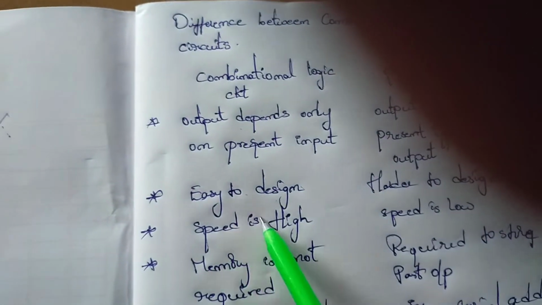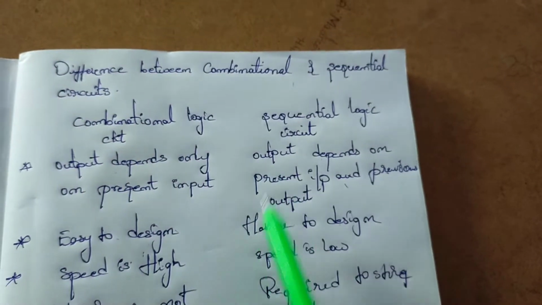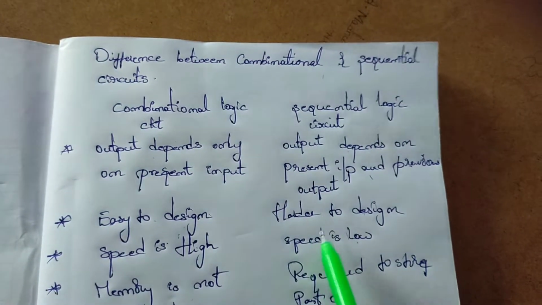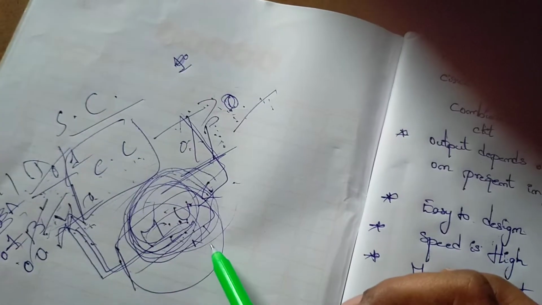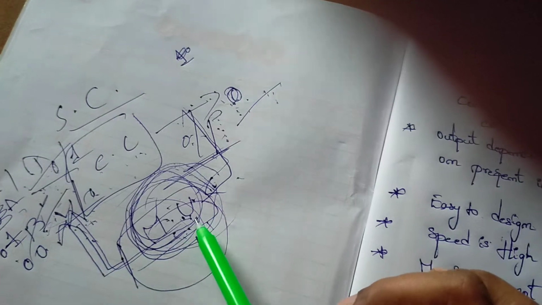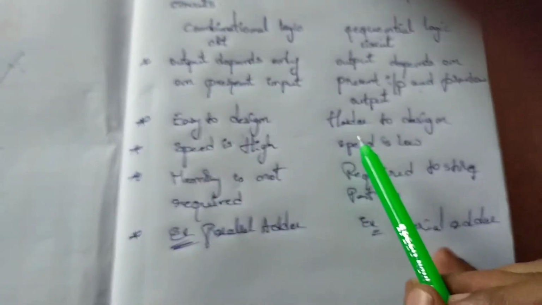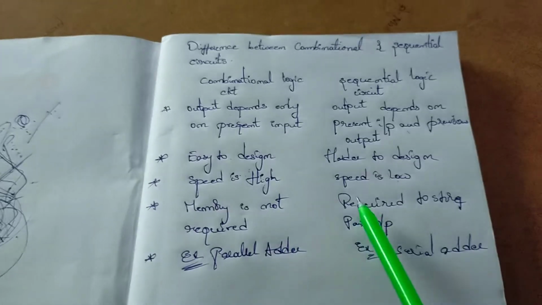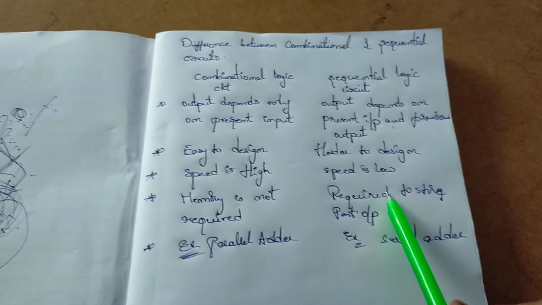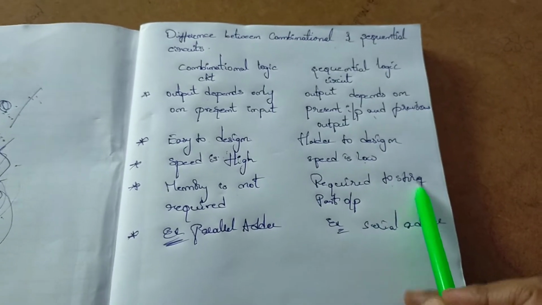Next, speed is high in combinational circuits. Compared with these, sequential circuit speed is low, because every time the output has to be stored, and until it is stored, the next state doesn't start. For this reason, speed is high here and low there. Next, memory is not required here, but in sequential circuits memory is required. The past output has to be stored.